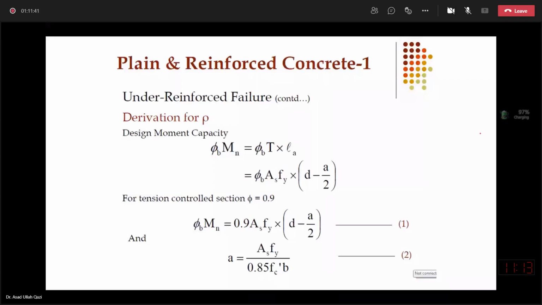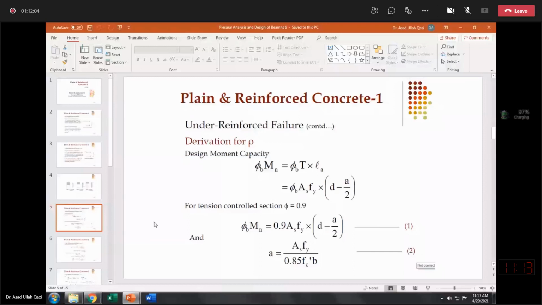But if I reverse the same problem and ask you to design a beam of span 5 meter for an ultimate load of 50 kilonewton per meter, then you need to determine the area of steel in the cross section.